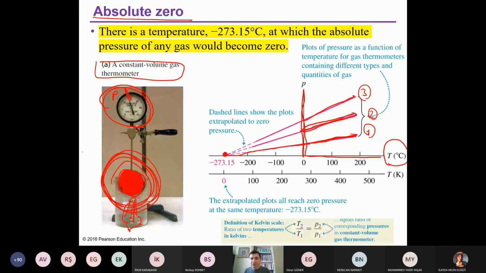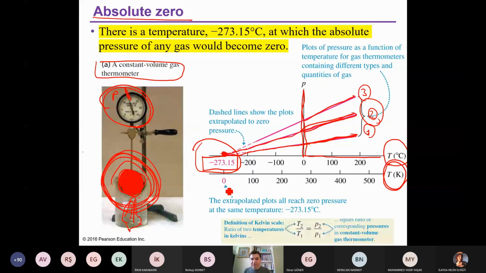And also for this gas, if you decrease the temperature, pressure decreases, and finally, when you reach minus 273.15 degrees Celsius, the gas pressure within this container will be zero. So this temperature is called absolute zero, because here gas pressure is zero, and in the Kelvin scale, this temperature is 0 Kelvin.